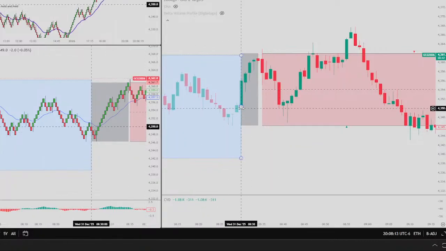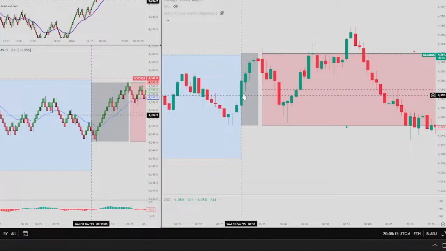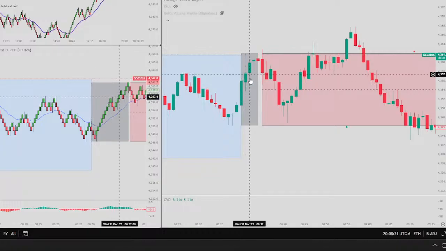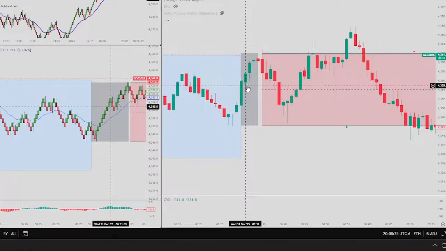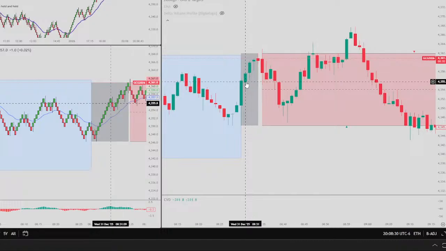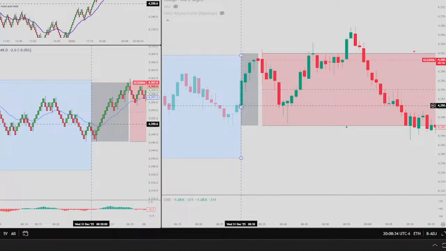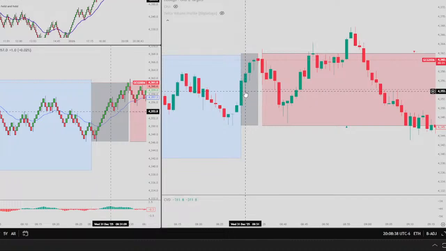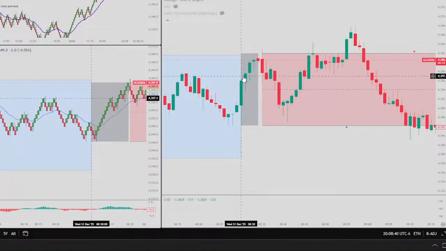If I'm a retail trader and I see a big push away from, I see a big push off the open, we get a big candle, another big one, what am I thinking? As an ordinary retail trader, I'd be like, oh, we're moving away. I'm gonna be too late. So what I'm gonna do? I'm gonna enter. I'm gonna start putting my stops maybe here, maybe below here, right?